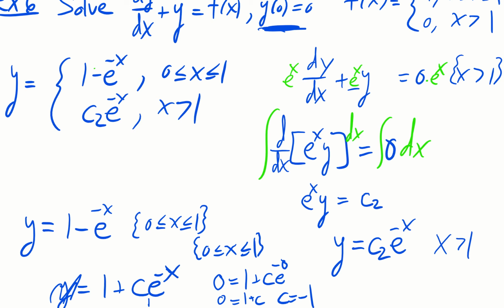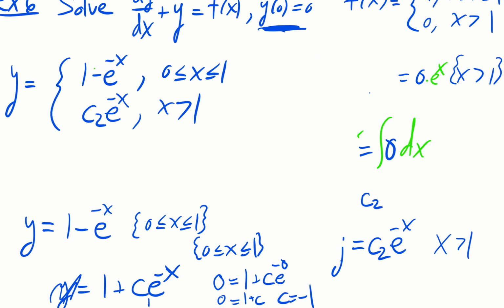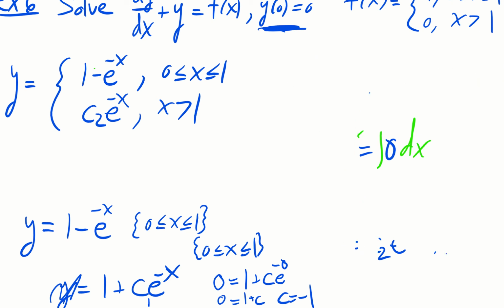One of the things that we could do at the very minimum is that it would be nice to see if there exists a c2 such that we can make our piecewise defined function solution continuous at x equals 1, because that's kind of the split point of this piecewise defined function. So let's see if at least we can pick a value for c2 in order to make that occur.